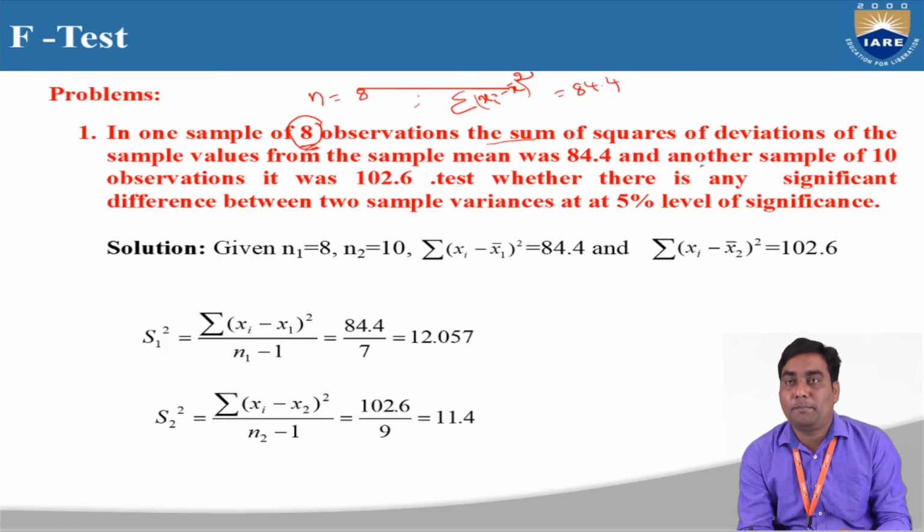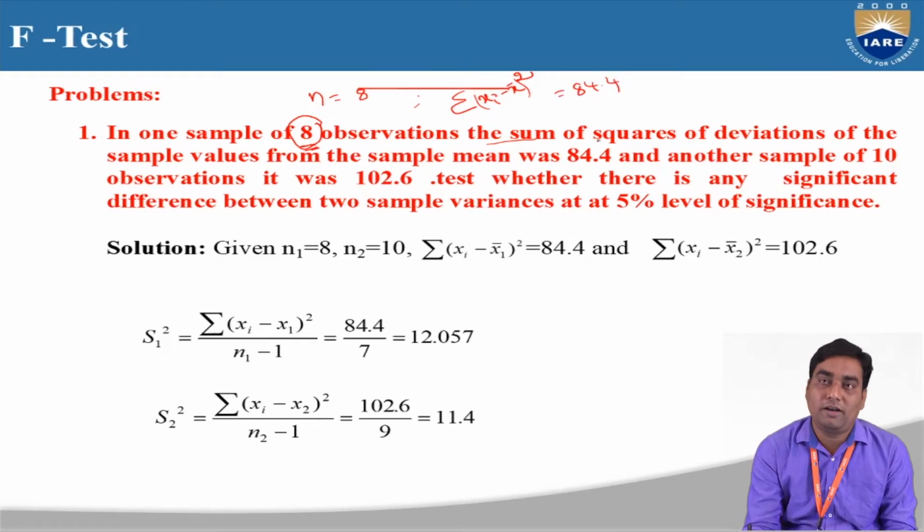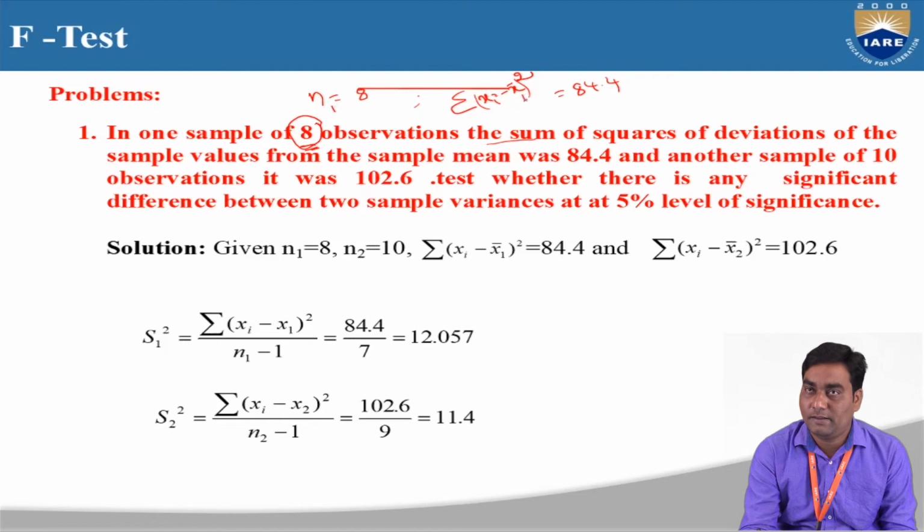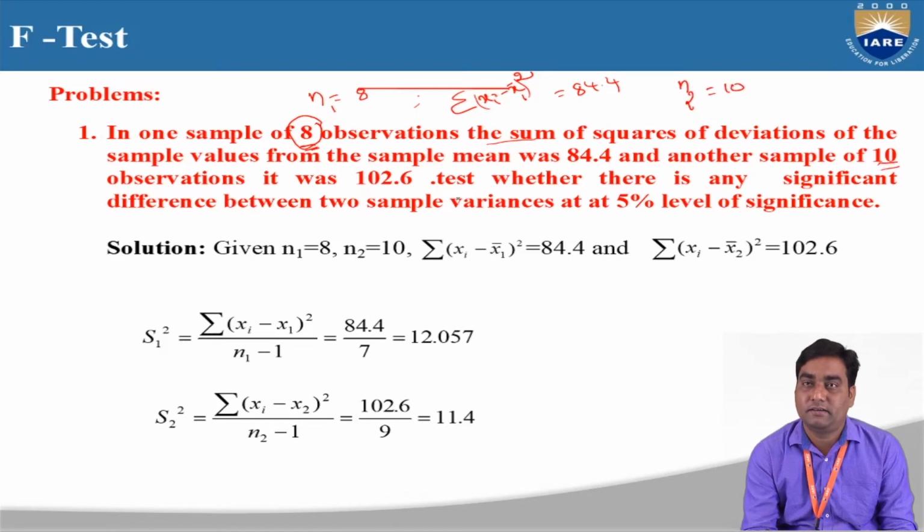Since we already have one sample, the first sample size is n1 and the mean is x1 bar. The other sample, the second sample, has size n2 equal to 10, and the value is 102.6.